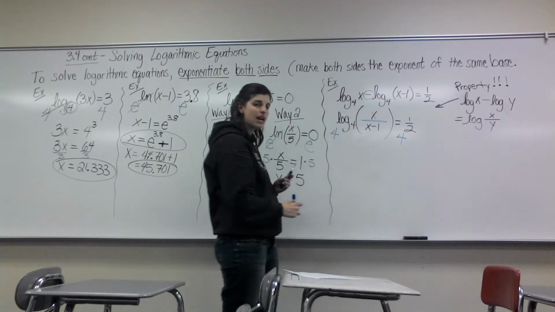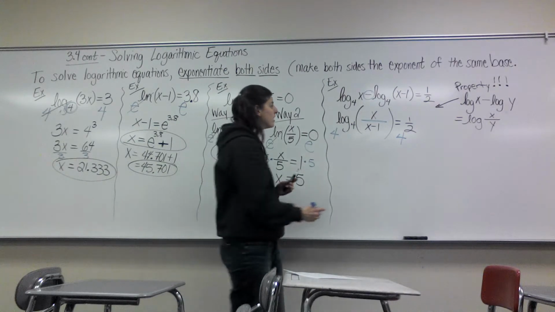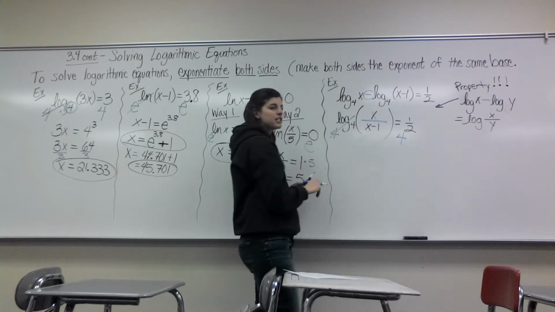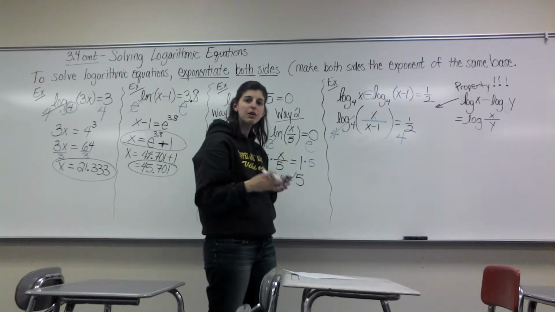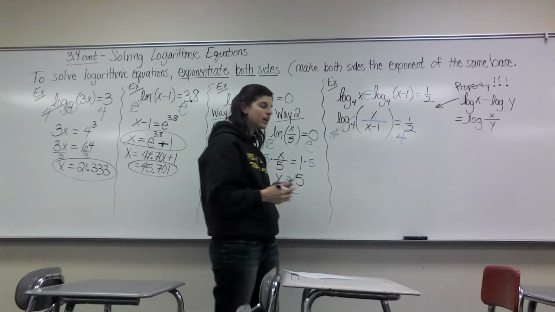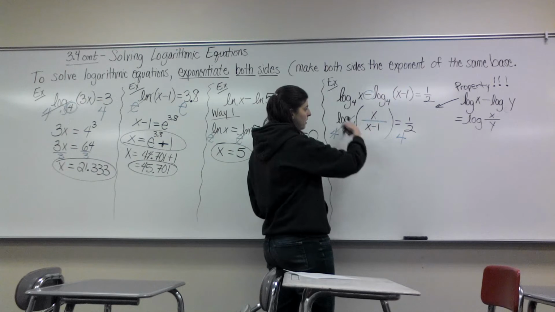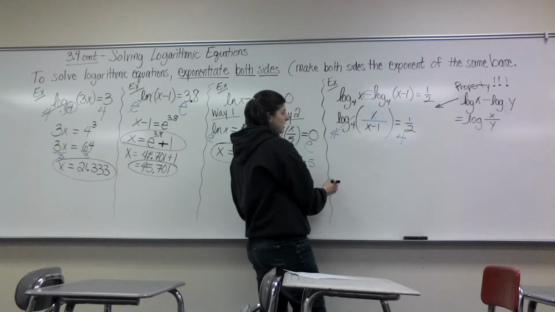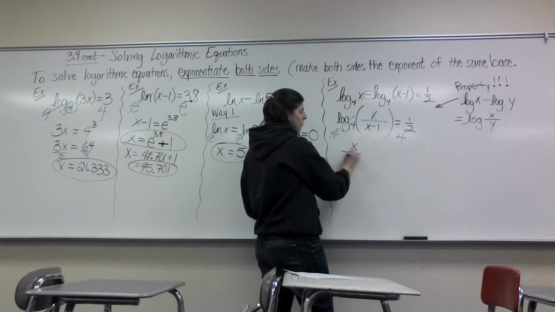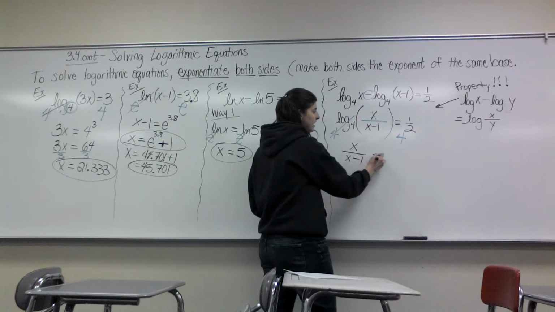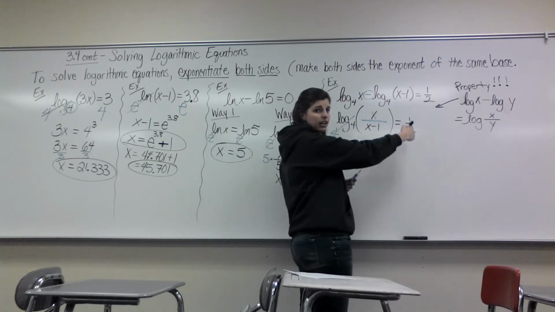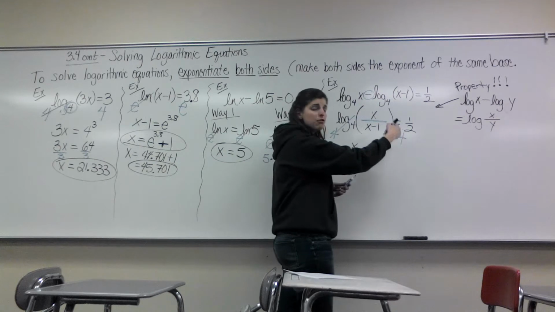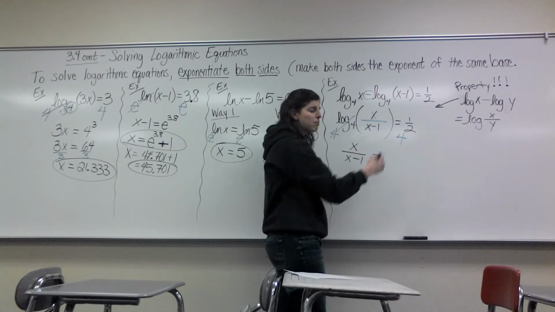So we're going to make both sides the exponent of 4. 4 to the log base 4 cancels out and leaves you with what's inside of the log base 4, because there's nothing else in the exponent other than this. That gives me x over x minus 1 equals, careful, over here you don't have 4 times that, you have 4 to the 1/2 power.